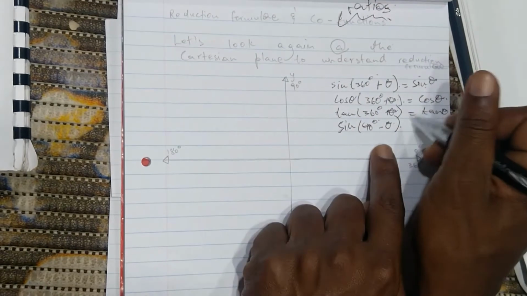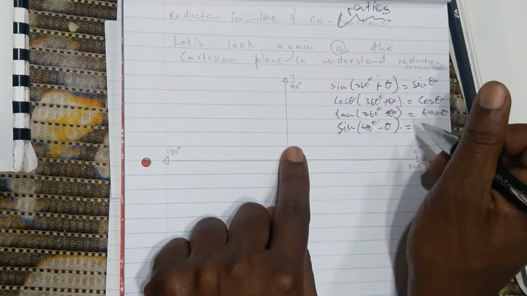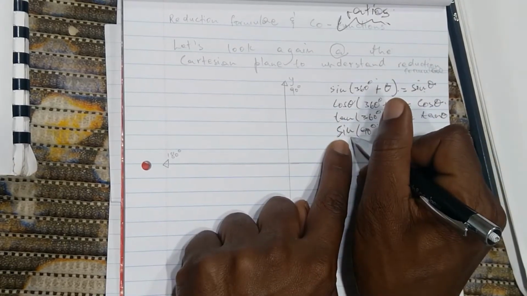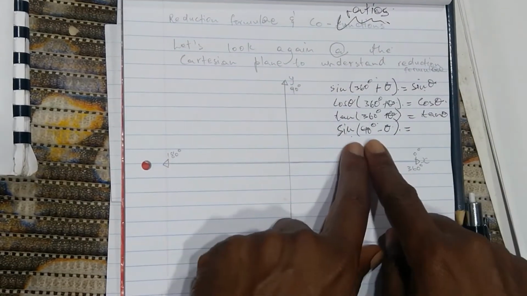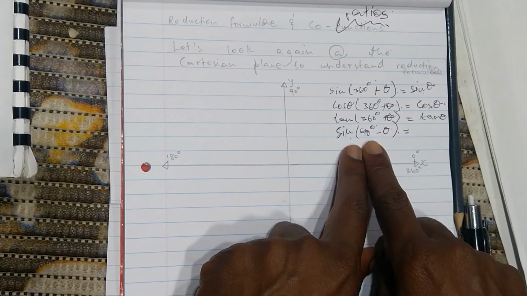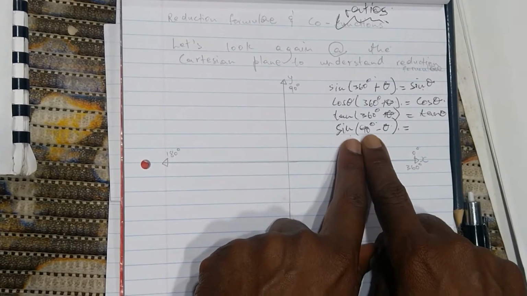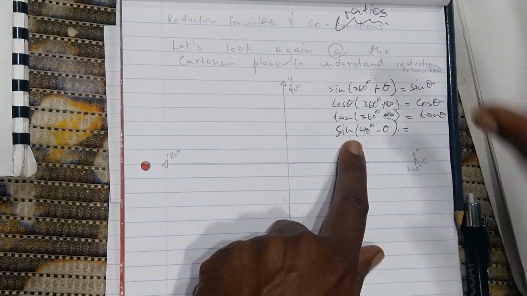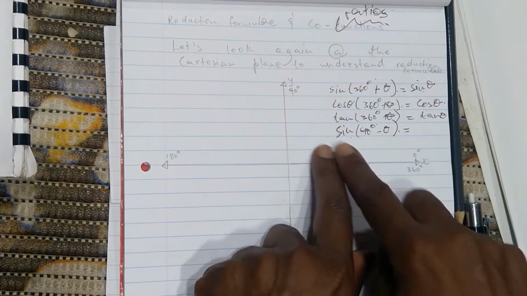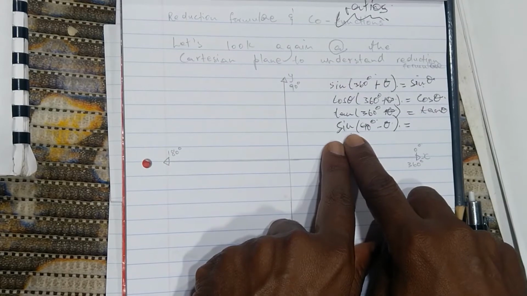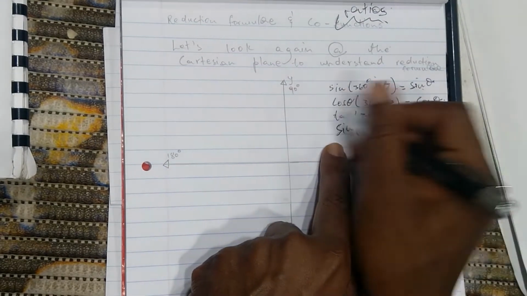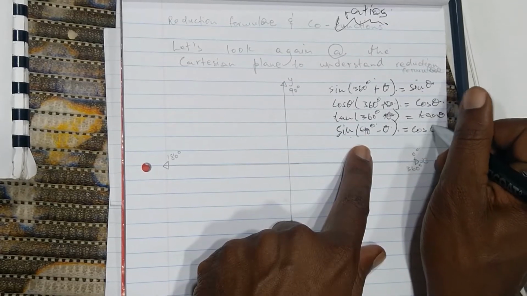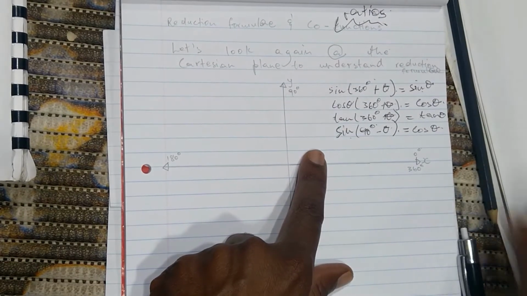What the effect of 90 degrees does is that if it's an original sine, it will give it a core, which now changes it into a cosine. So this will change to a cos of theta.